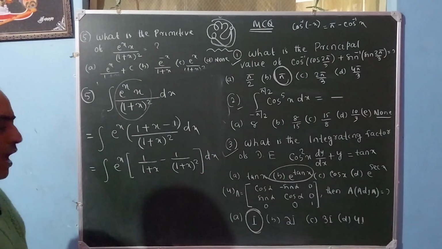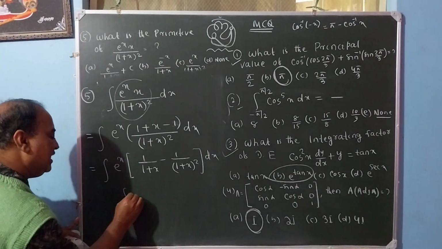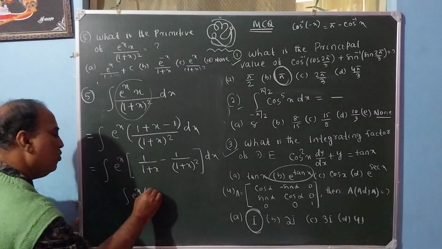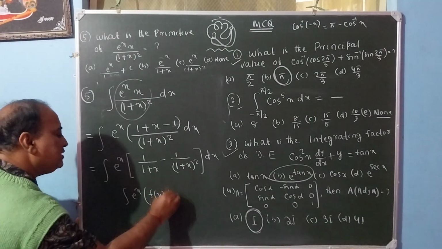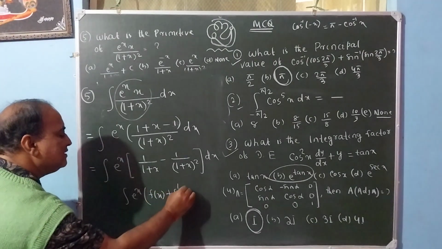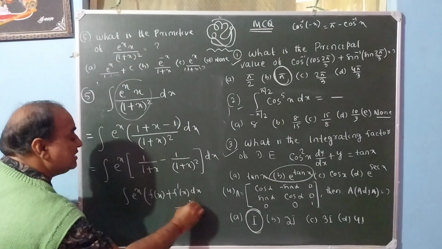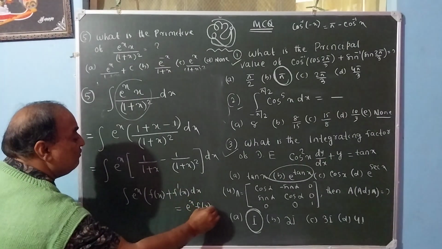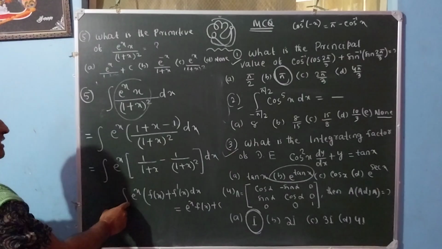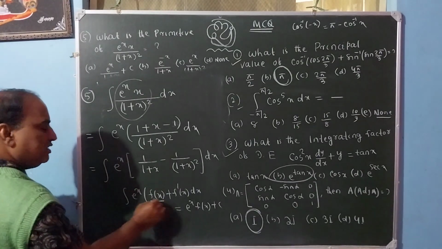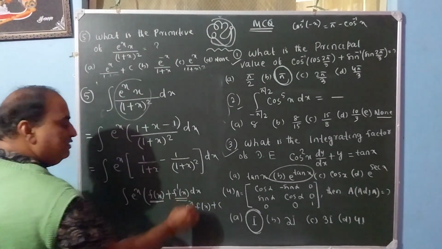We know one formula: integration of e to the power x whole into [f(x) plus f dash x] dx, the result is e to the power x into f(x) plus c. Here e to the power x is multiplied by a function plus whose derivative is there.